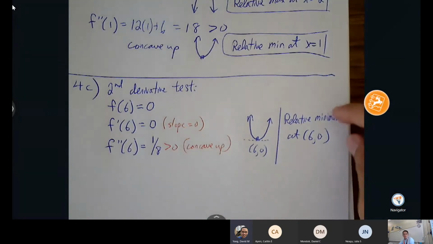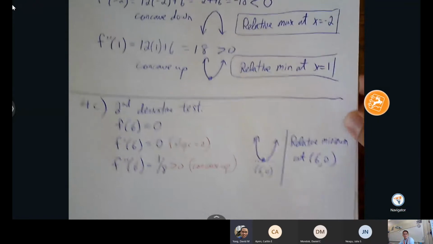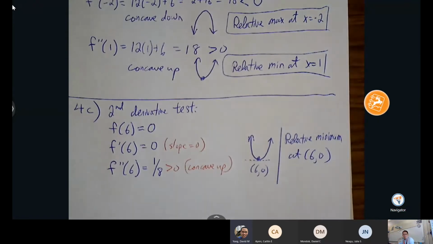So this is another variation of the second derivative test. All right, are we okay there?